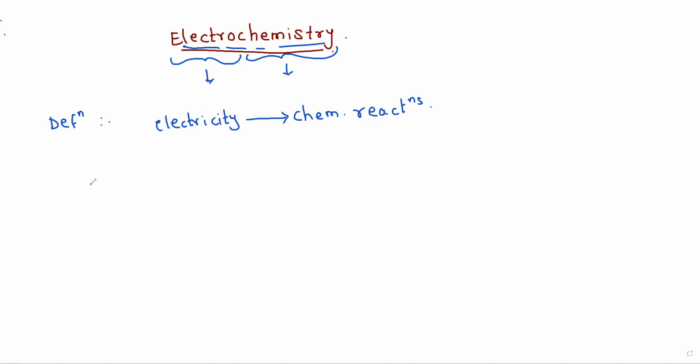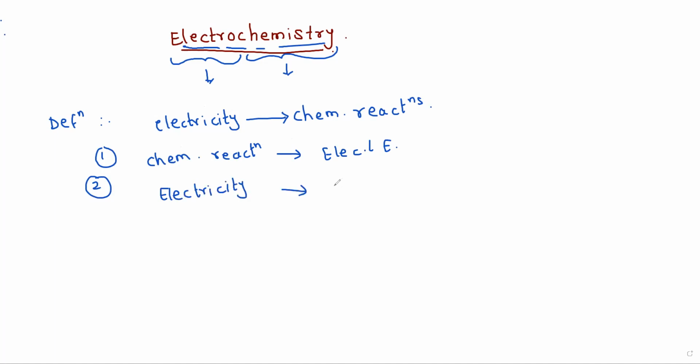Now there are basically two types of electrochemical reactions. First type is chemical reactions to electric energy, that is, conversion of chemical reactions to electric energy. And the second one is electric energy or electricity to chemical reactions.